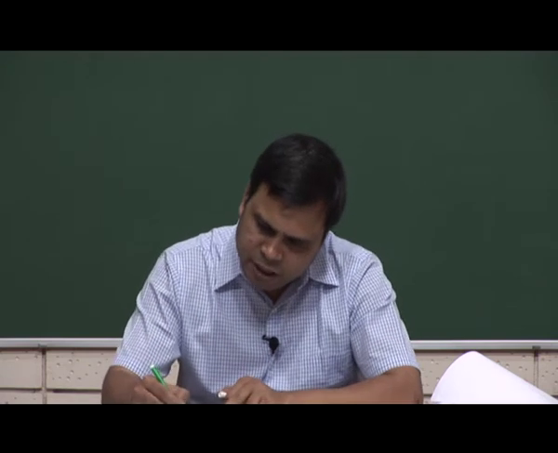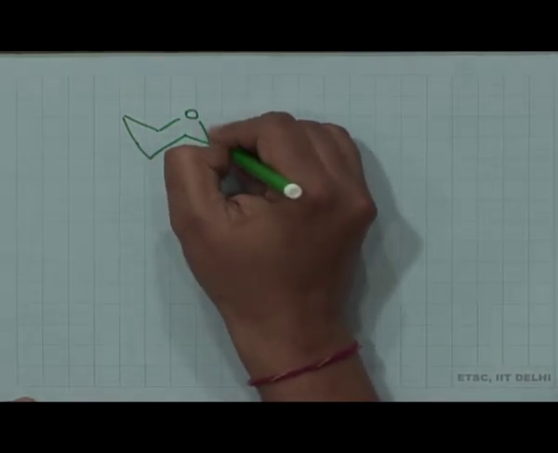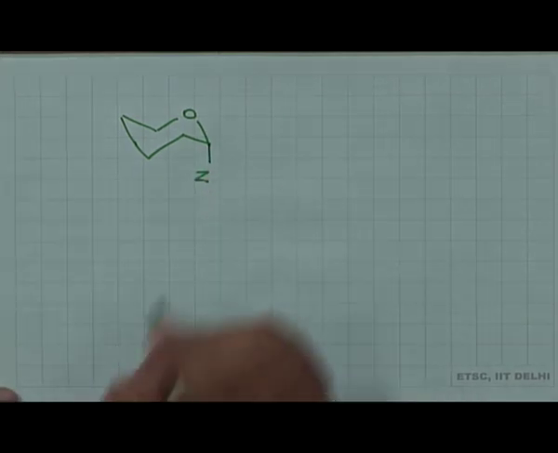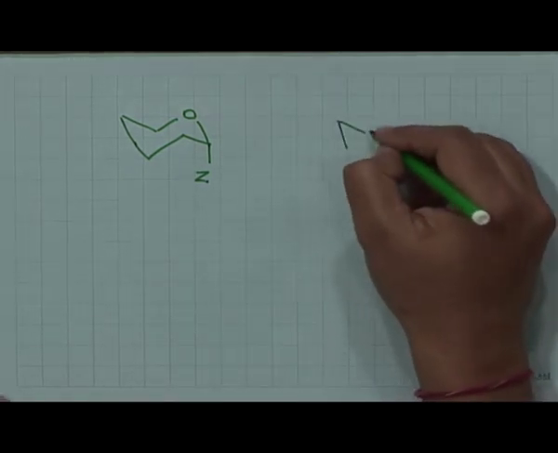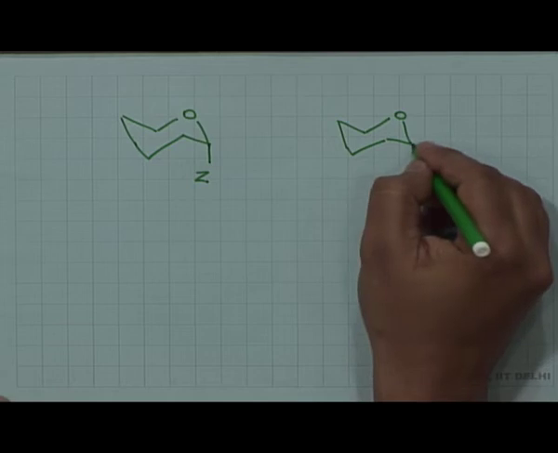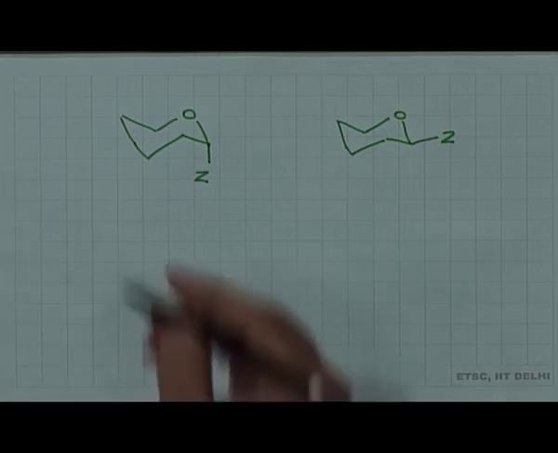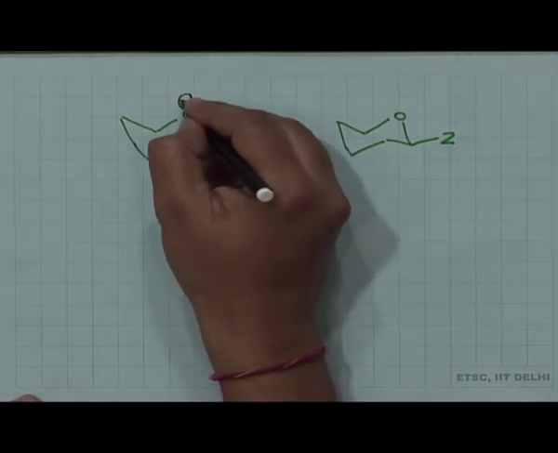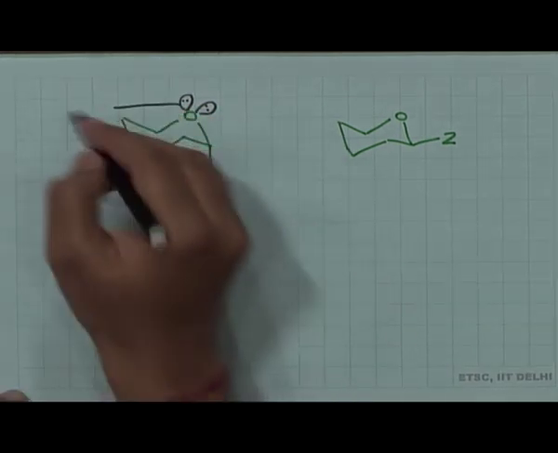Again, I will draw the chair conformation of the pyran. Here, I keep a substituent at the axial position, and let me draw another chair conformation where I keep the substituent at the anomeric carbon at the equatorial position. In the first case, oxygen has 2 orbitals for the lone pair, these are the axial lone pair.